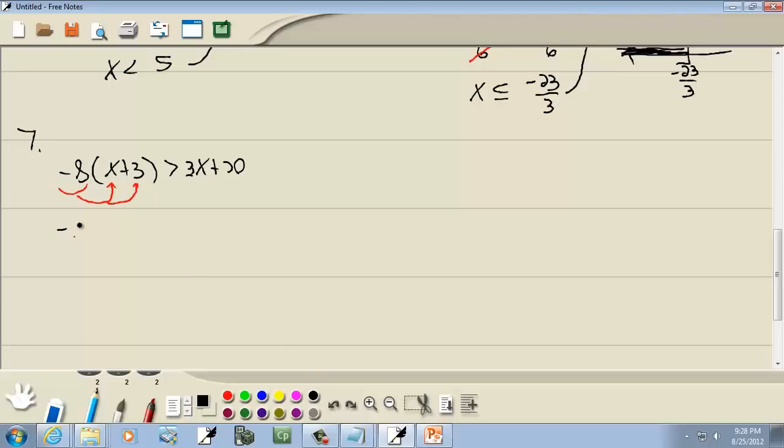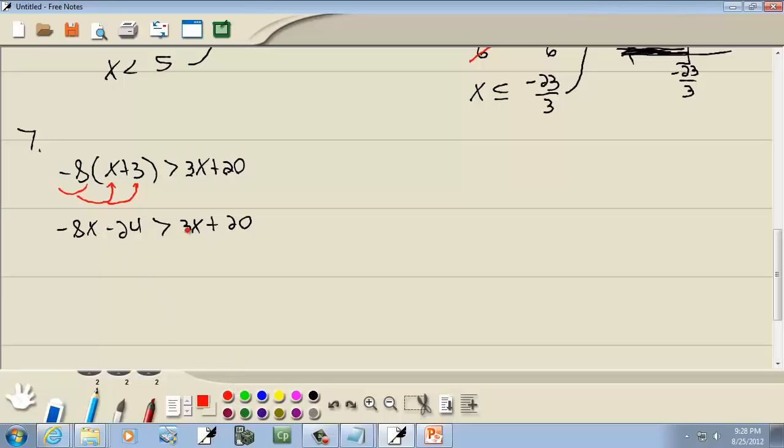Negative 8 times x is negative 8x. Negative 8 times 3 is negative 24. Now, we didn't flip our inequality symbol. That's where you go and multiply both sides by a negative number. Well, this negative 8 was already in our problem, and besides that, it's only multiplied by a little piece.